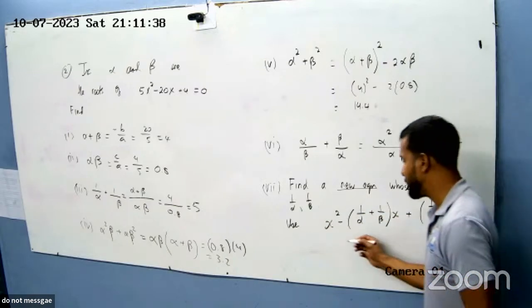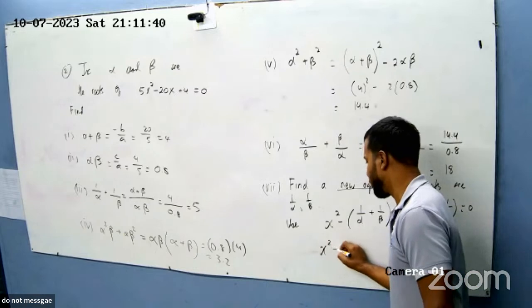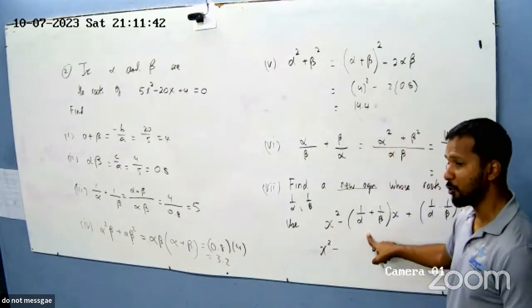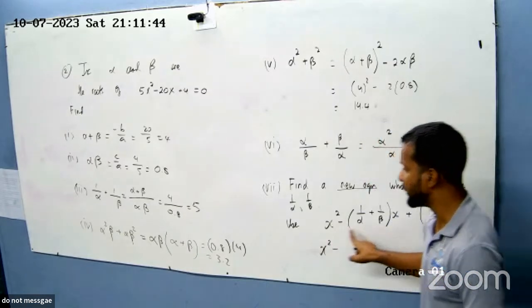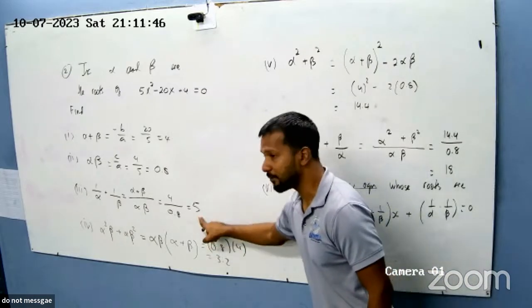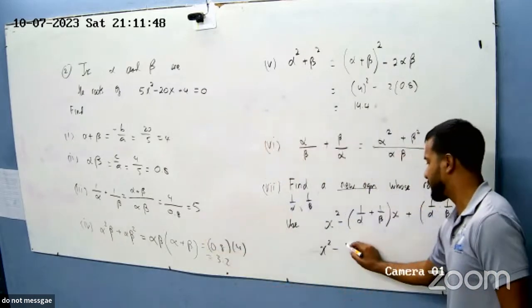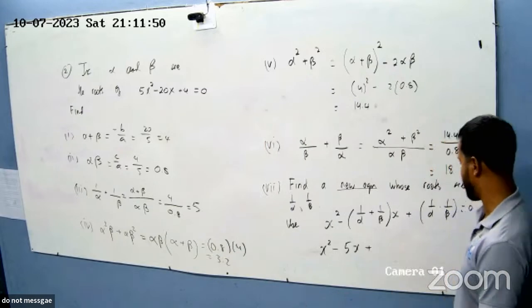Do we know the sum of the roots? Work it out already. The sum of the roots is 5, so x squared minus 5x plus the product.